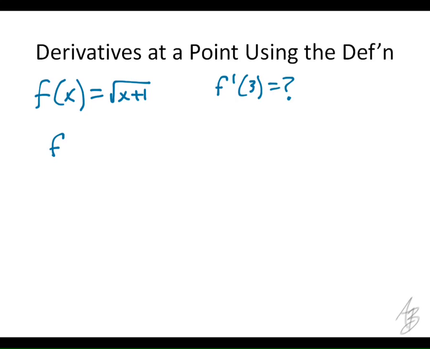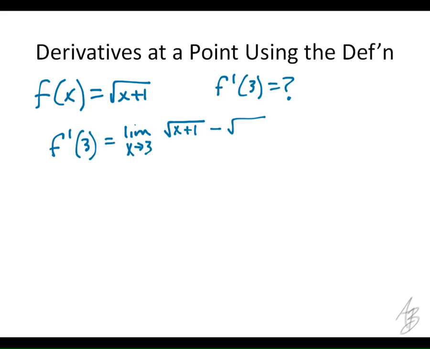So the derivative of the function at 3 is going to be the limit as x approaches 3 of the square root of x plus 1. We do f of x first, so we just use the function, minus the square root of 3 plus 1, which is the square root of 4, which is 2, right?